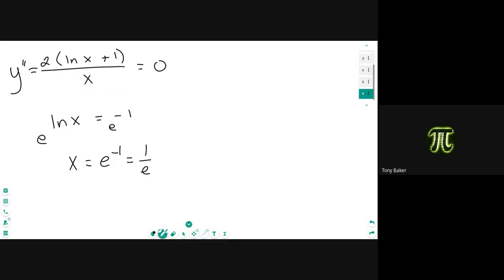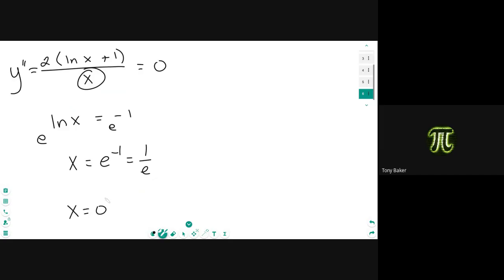Do I have another critical number in this problem? So where is it undefined? Because remember, I can also have the denominator equal to 0.